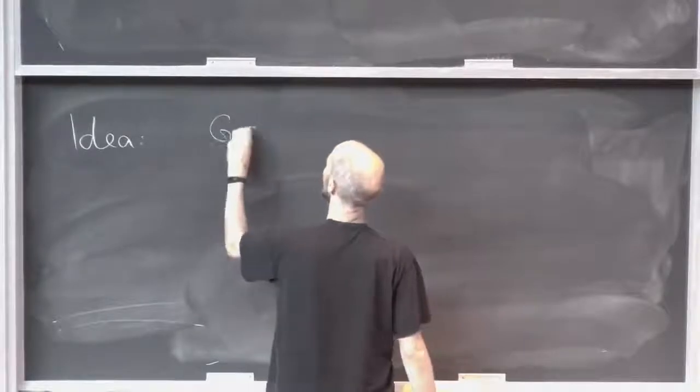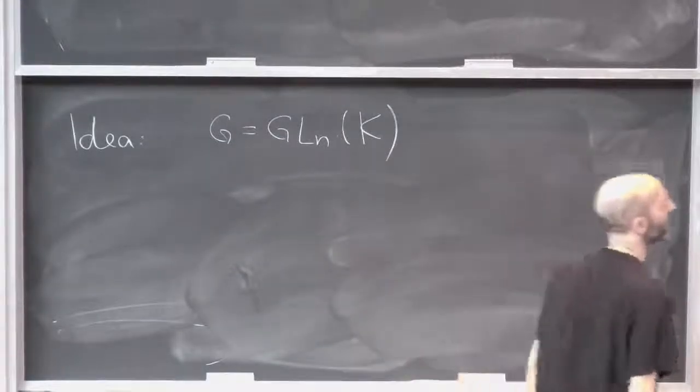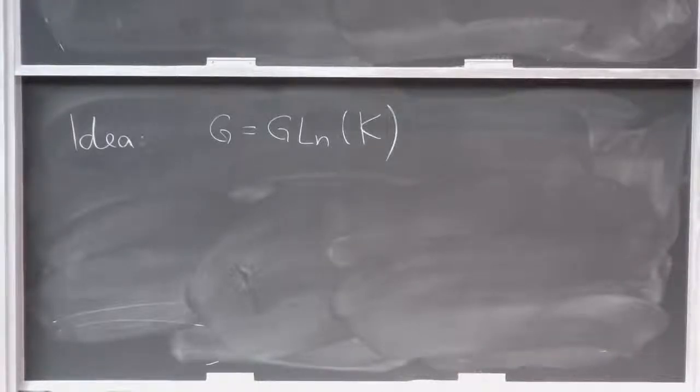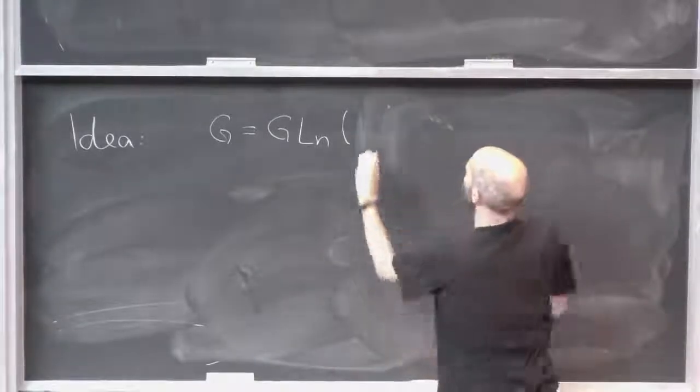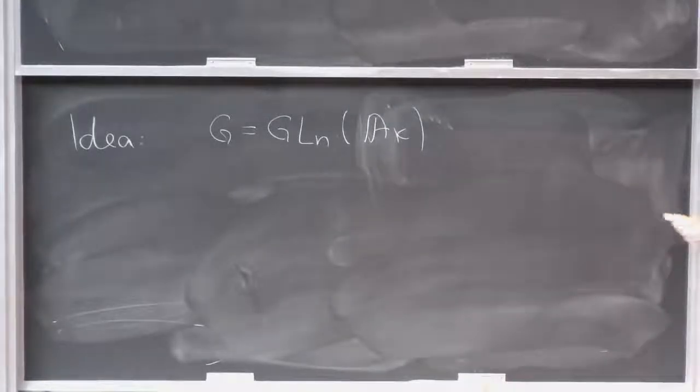If G is GLN of K, inspired by GL1, G is GLN of the Adeles of K, because we're trying to write down some representations of this group that we want to be automorphic representations.